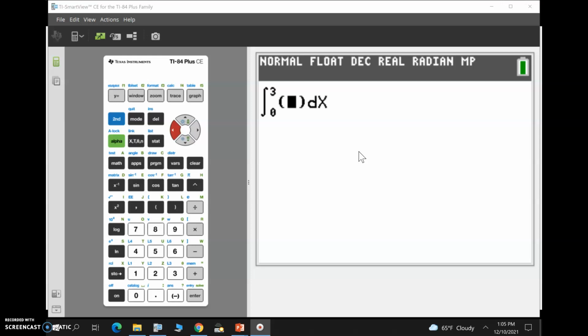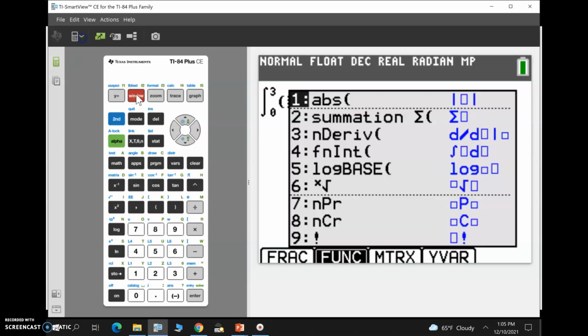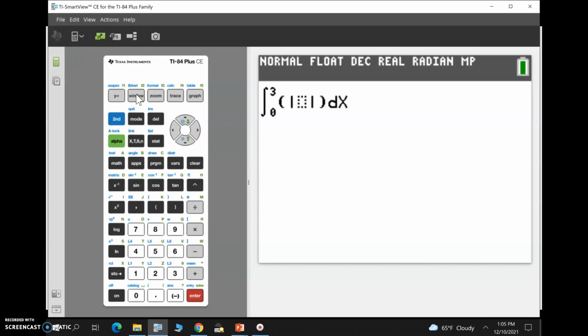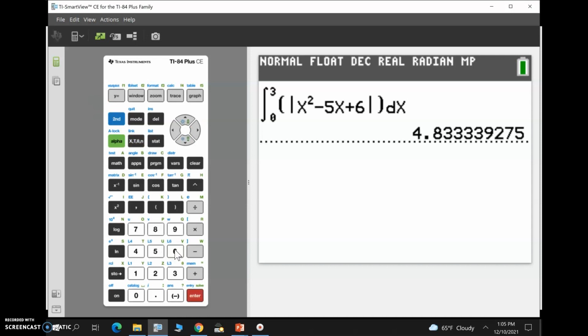And so to get that, again, I'm going to do alpha window, and it's the very first thing right there. So then I could put my equation in. So one more time, if it is displacement, it's just the plain integration. If it's distance, I have to do absolute value. Now, this is not the exact answer.